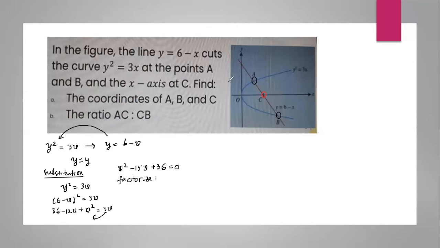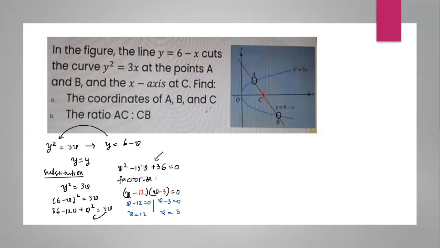The factors of 36 that produce 15 are 12 and 3, both negative. So x minus 12 equals 0 or x minus 3 equals 0, so x equals 12 and x equals 3. Now we got 2 values of x.